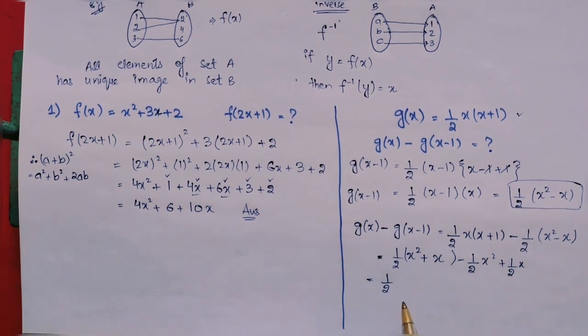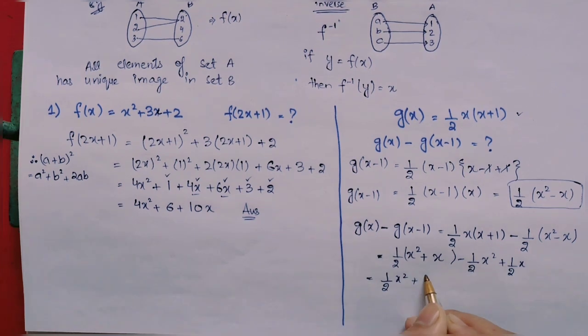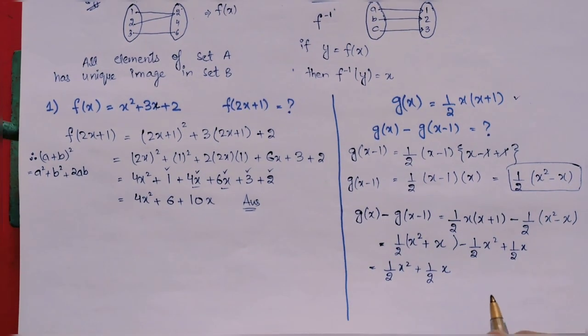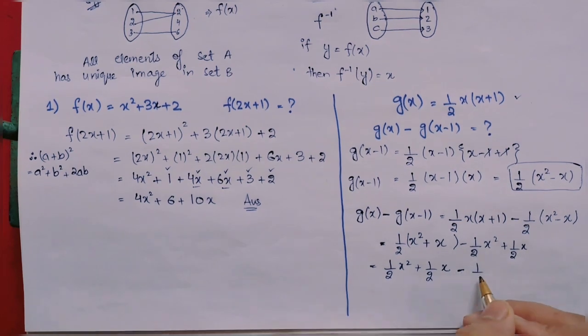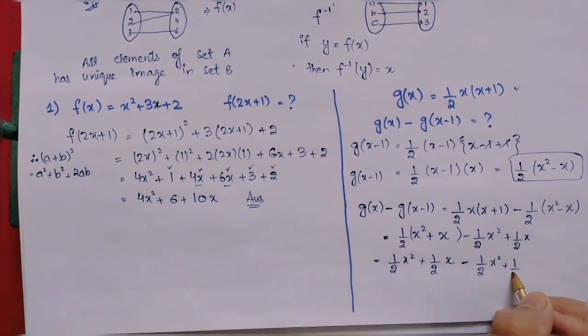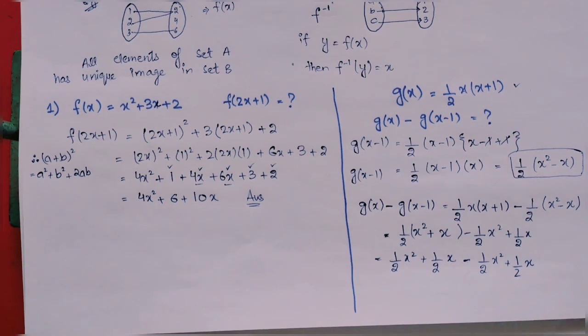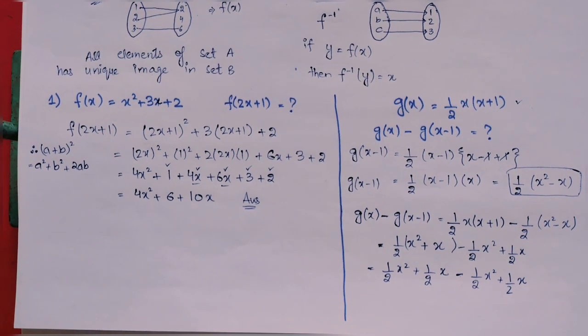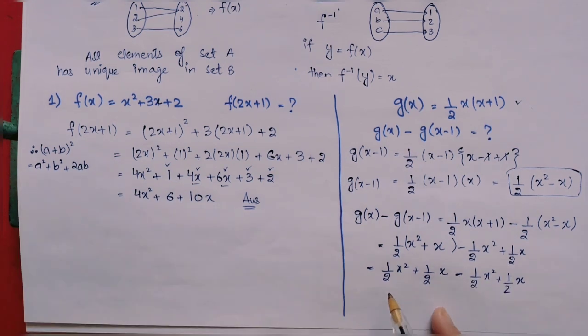It becomes 1 by 2 x square plus 1 by 2 x, minus 1 by 2 x square plus 1 by 2 x. This is your simplification.